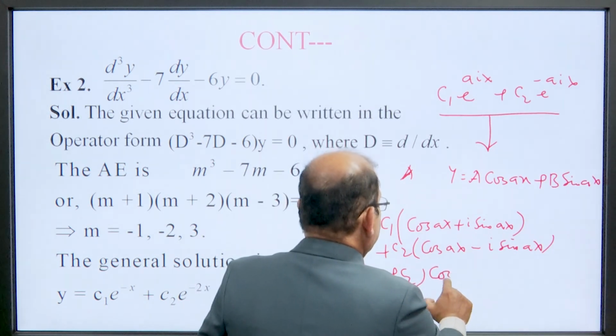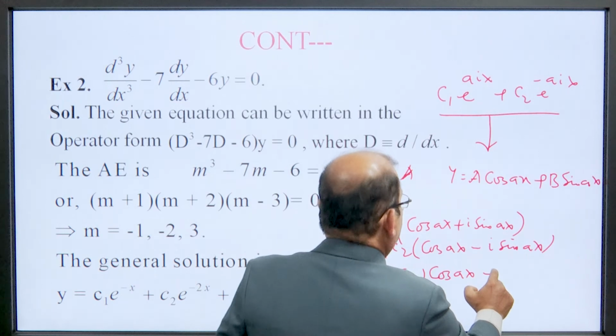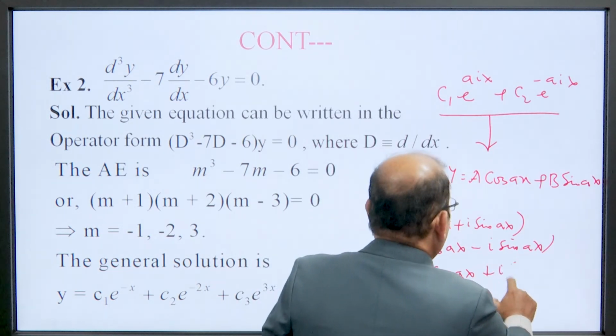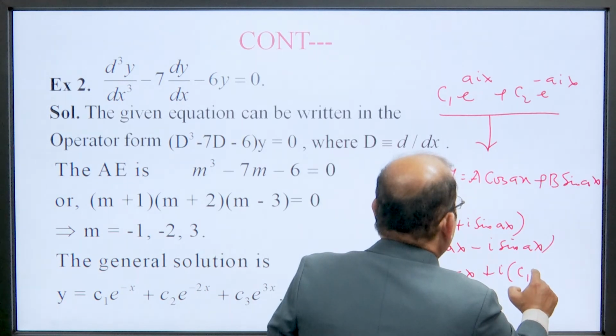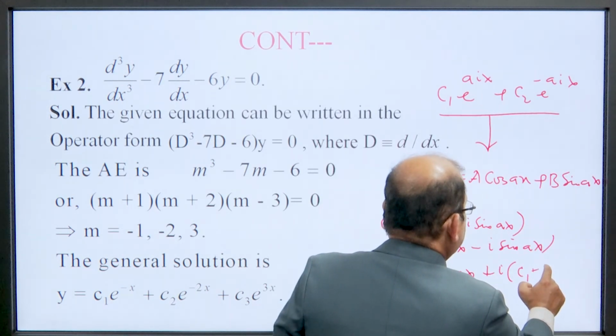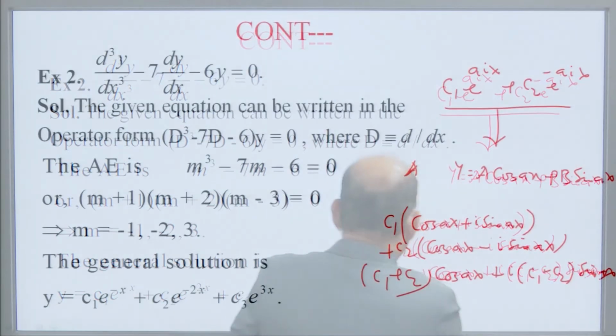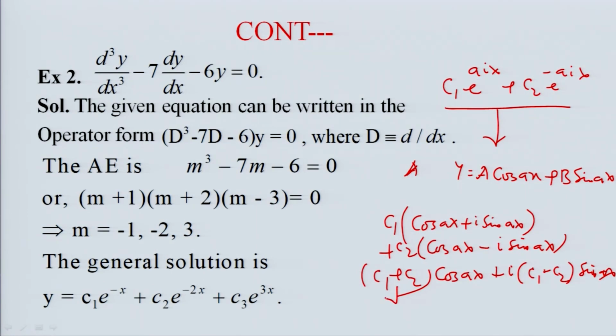Plus i times (C1 minus C2) sin ax. These are other constants, so it is A cos ax plus B sin ax.